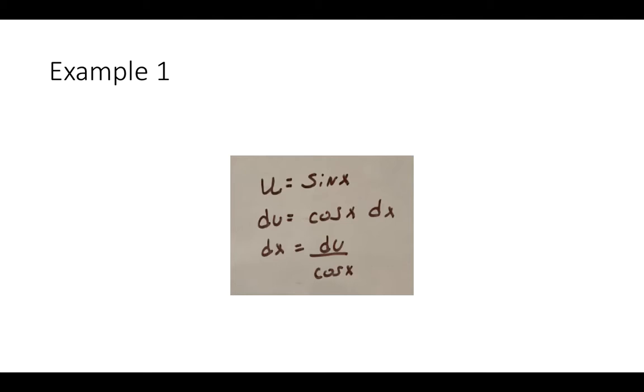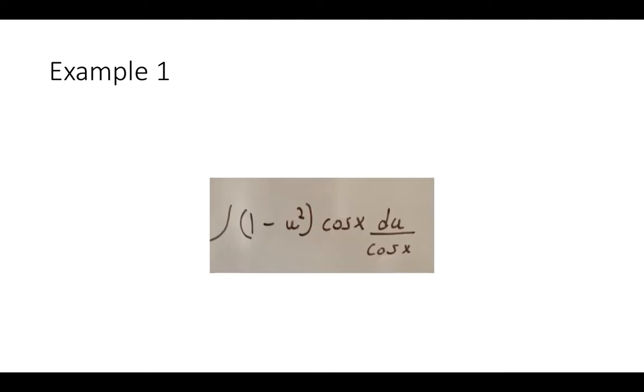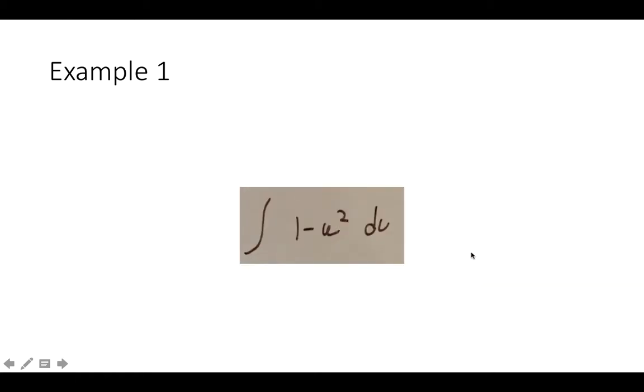I make u equal to sine x. du is equal to cosine x dx, and dx is equal to du over cosine x. I input my information, so now the integral looks like 1 minus u squared times cosine x times du over cosine x. As you can see, cosine x will cancel out, leaving us with 1 minus u squared.